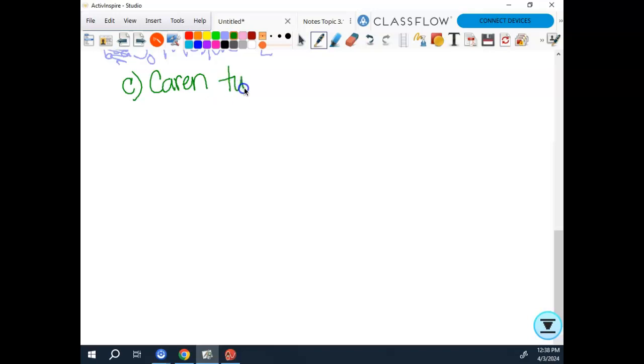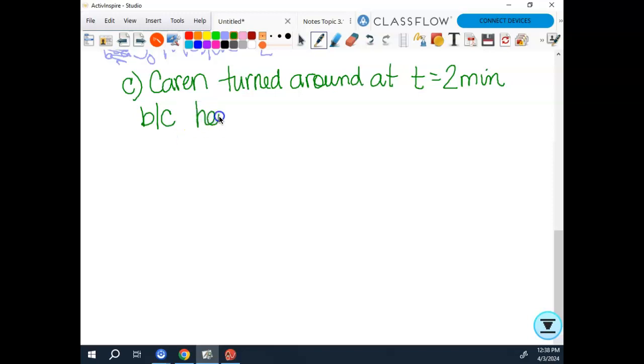Okay, so Karen turned around at t equals 2 minutes because she left her homework, but the reason we know it is because her velocity changes from positive to negative.